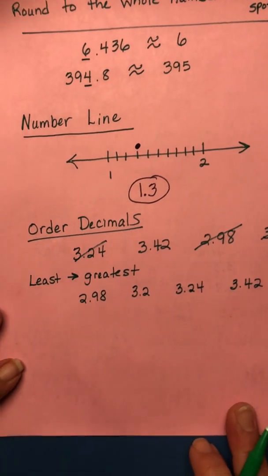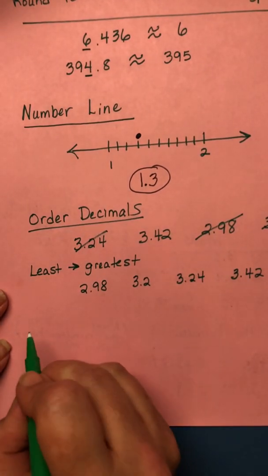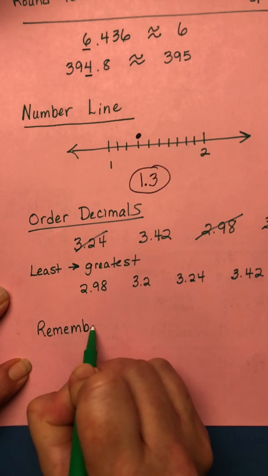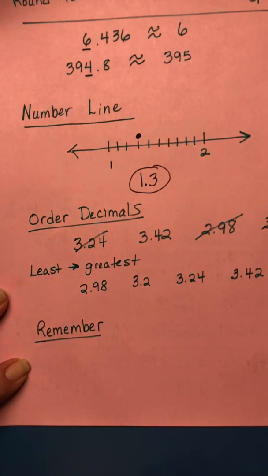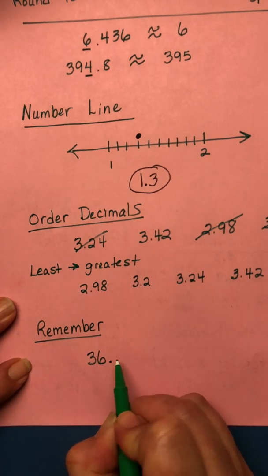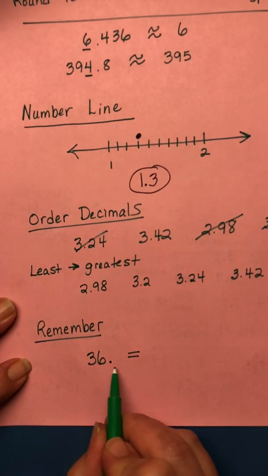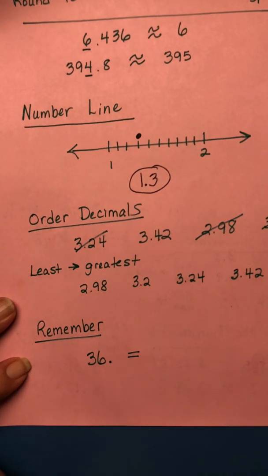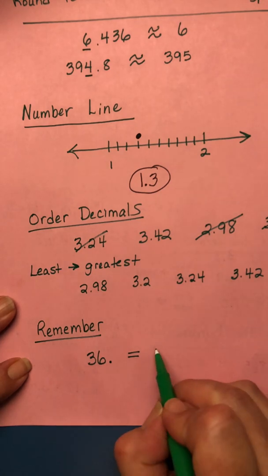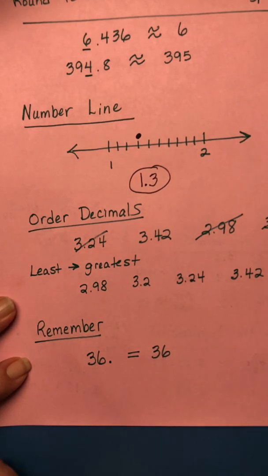Okay? We're almost there. I've got one more thing. And this is just something to remember. And this is going to mean something to you Wednesday when we start adding and subtracting decimals. But I want you to remember, if there's a decimal at the end of a number and no numbers after the decimal, it's just a decimal, I don't really need it. It's insignificant.